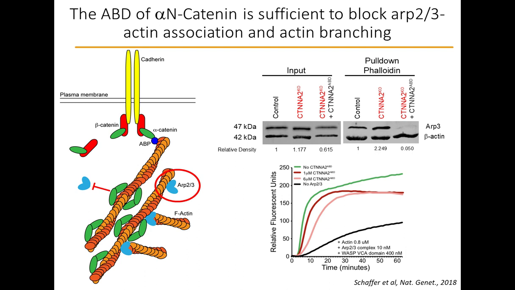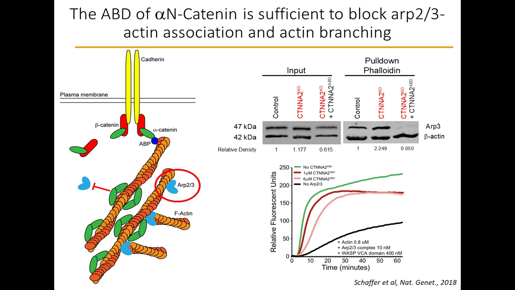So if the actin binding domain of alpha-N-catenin mediates this, we should be able to reverse this effect by expressing just the actin binding domain of alpha-N-catenin.